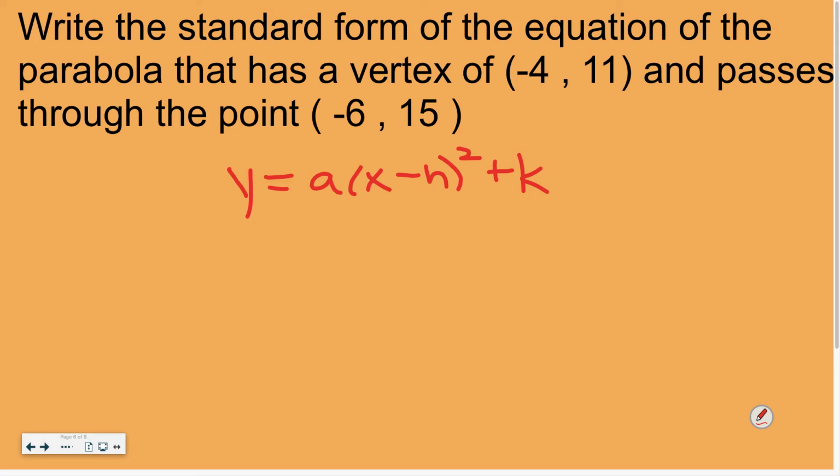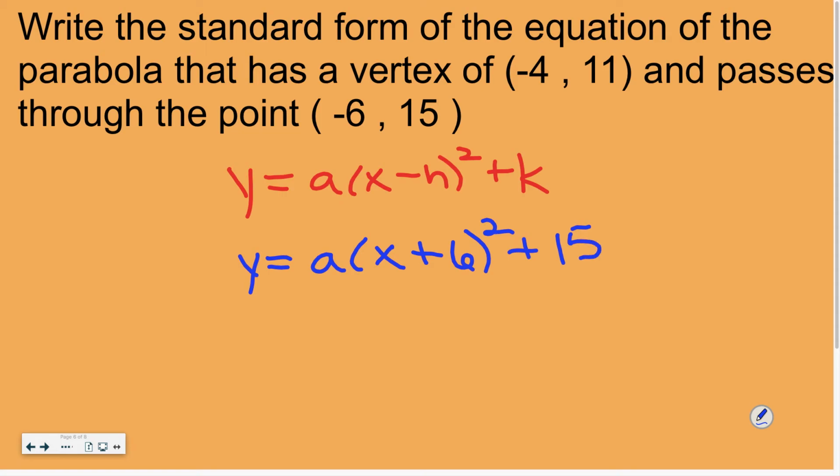All right, so thoughts. Nathan, what do you guys think? Any ideas? Well, we already know what the vertex is, and that means we already know what h and k is. All right. Nathan says we know the vertex, so we already know h and k. So we know that this is x minus negative 6, the quantity squared, plus 15.